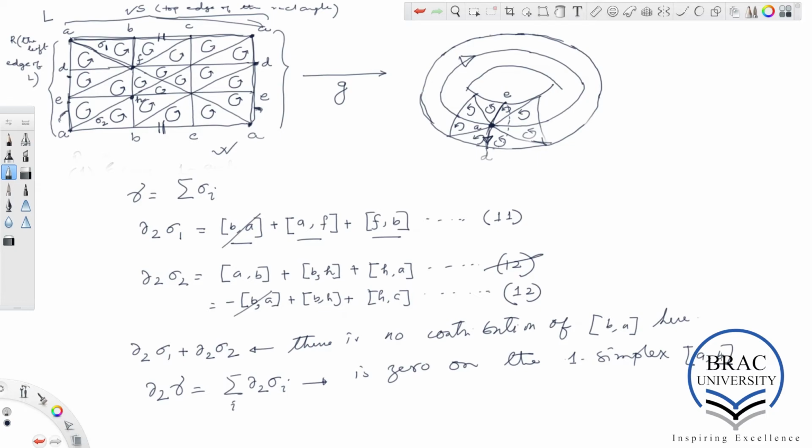Say we can choose this one simplex, which does not belong to the boundary of the rectangle.